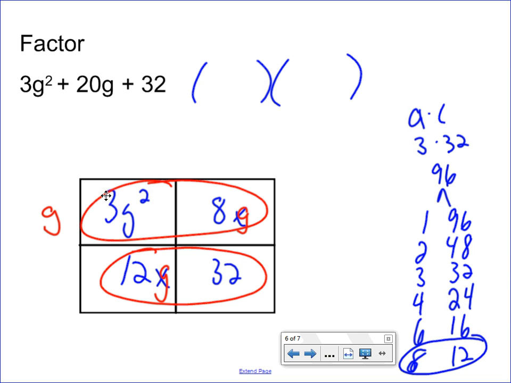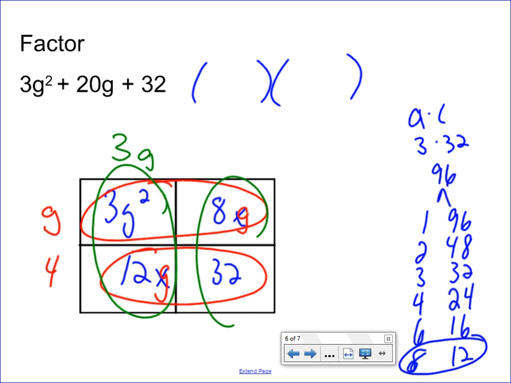Jeez, Mr. Lardy. Okay, this would be a 4. If I look for common factors this way, I've got a 3G and a 12G. So I got 3 and I've got a G. If I look for common factors this way, I know I've got an 8. So my two factors would be 3g plus 8 and g plus 4.